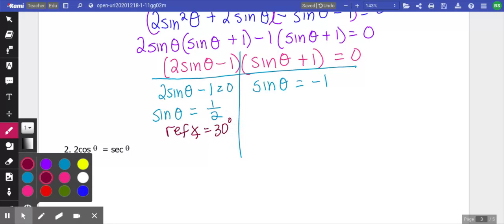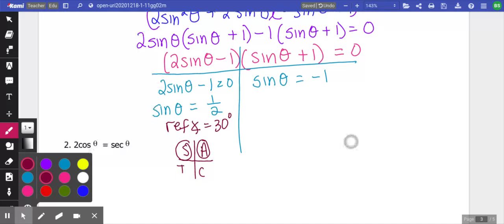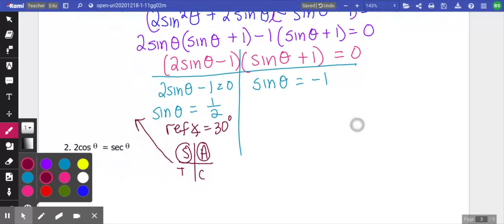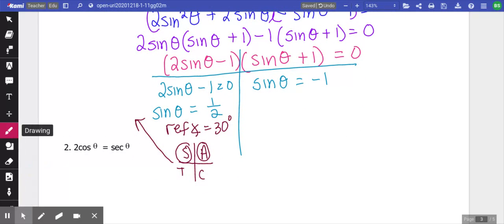Okay, you're going to draw your quadrants. Okay, sine is positive in the first and the second quadrant. All right, so I'm just going to draw up here so I don't run out of space. So in the first quadrant, theta is equal to 30 because it's always the reference angle.